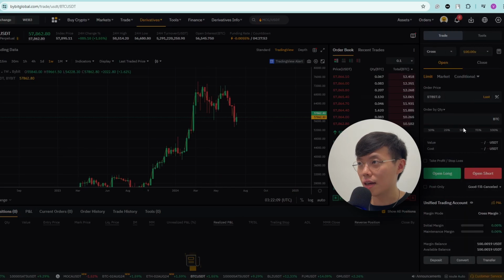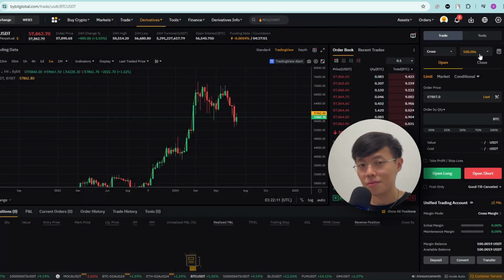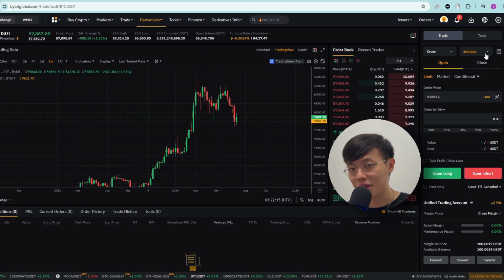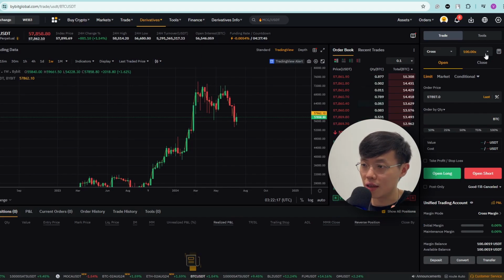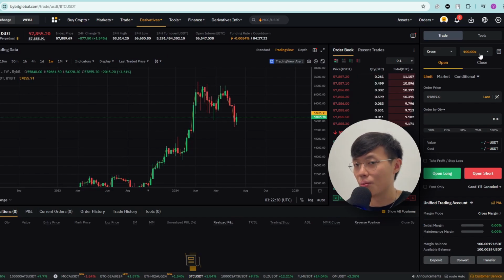So after you set that, this is your leverage. In the perpetual trading, we can use leverage, which means that we can trade more than our position. For example, we want to open a position for 5 USD using leverage. With leverage, we can trade more than that.